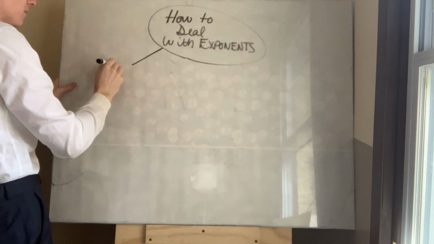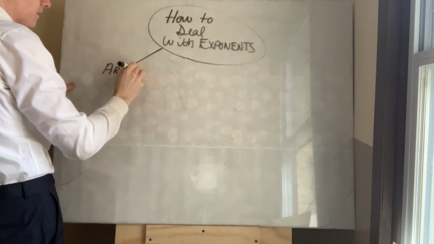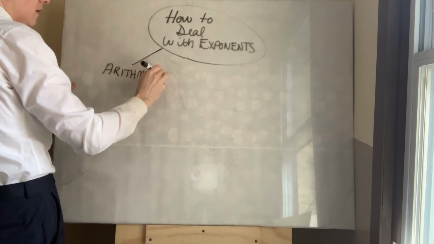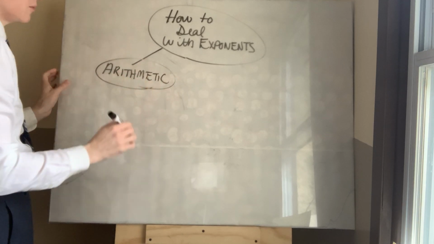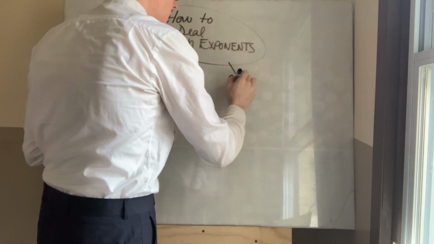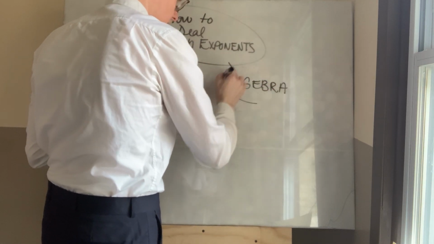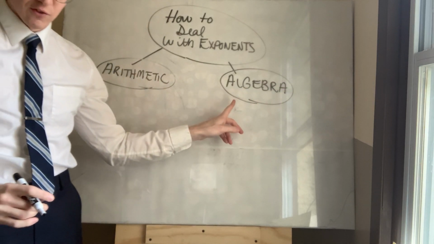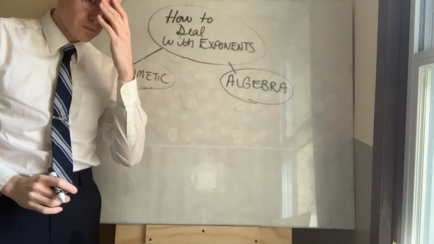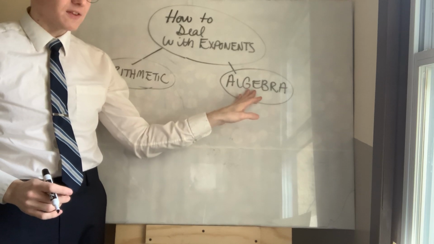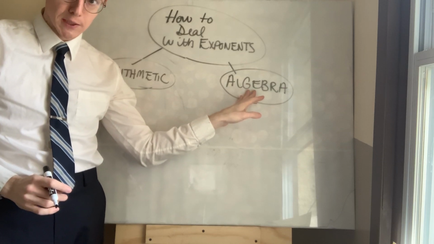There's the plain old arithmetic way of dealing with them, and then there's more the algebra. The difference really being that in algebra you deal with letters, of course, variables, so you're more inclined to leave things in the style of the abbreviation.